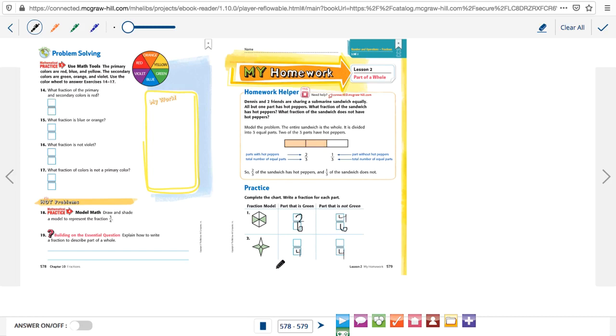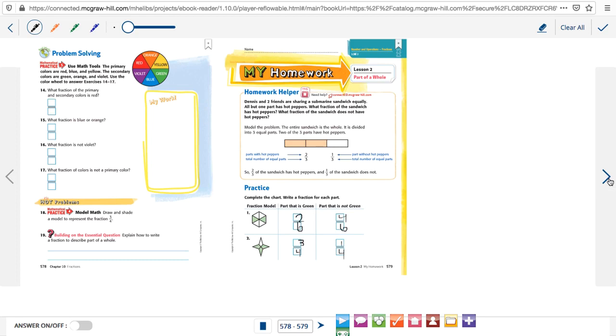We usually see circles and rectangles when we're dealing with fractions, but it's good to see many different shapes. We can count the number of green parts, 1, 2, 3. And we can count the number of white parts, or parts that are not green, which is 1. And so that's problem solving for these two.